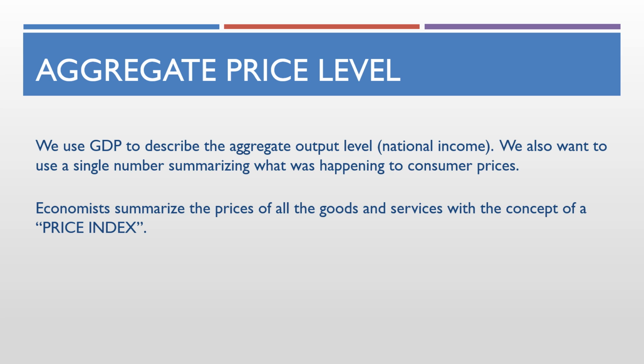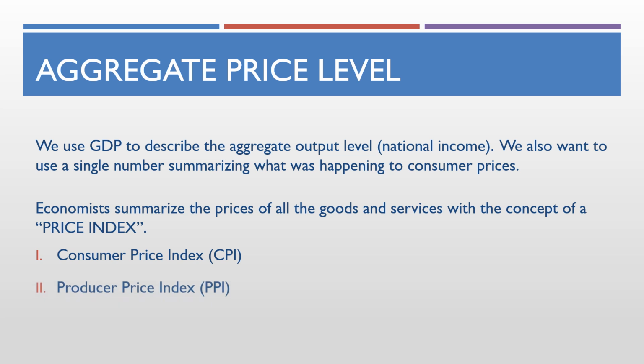We use one index number to represent the price level in a particular time period, so that we can compare this index across time to say whether we have a 5% increase in prices, a 2% increase in prices, or a 1% decrease in prices.